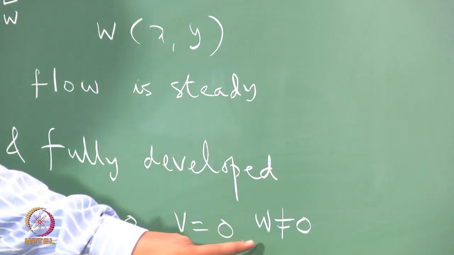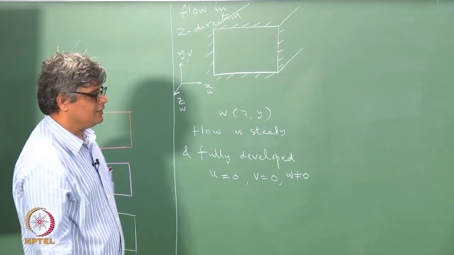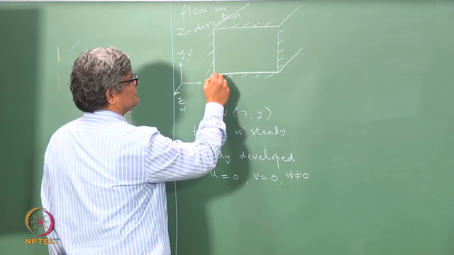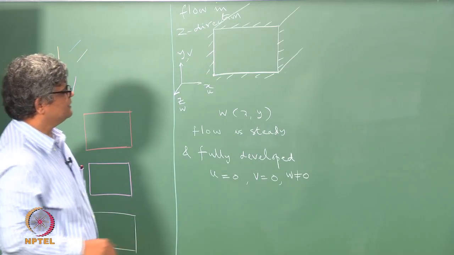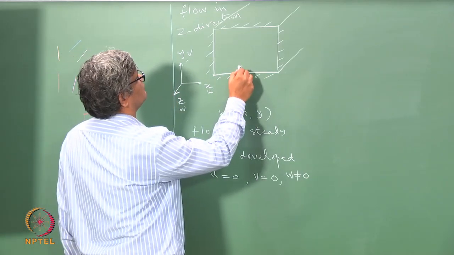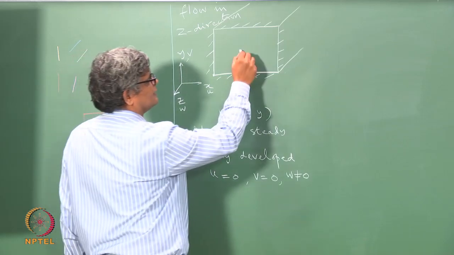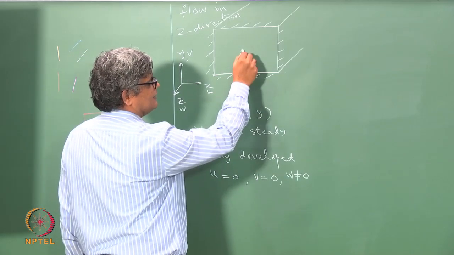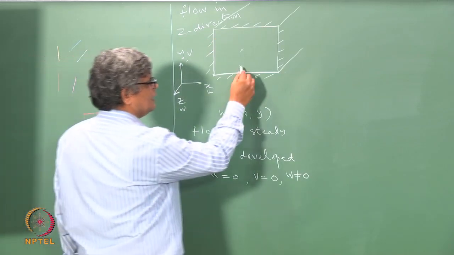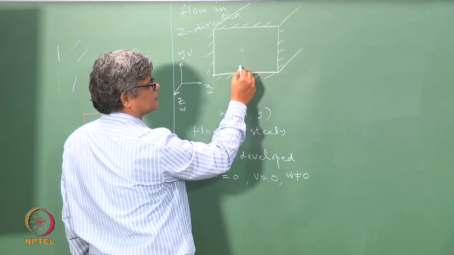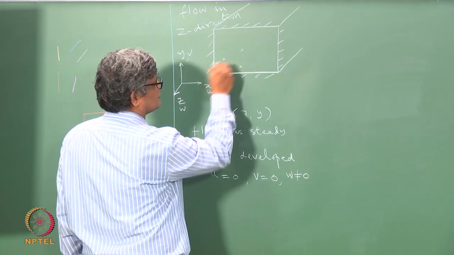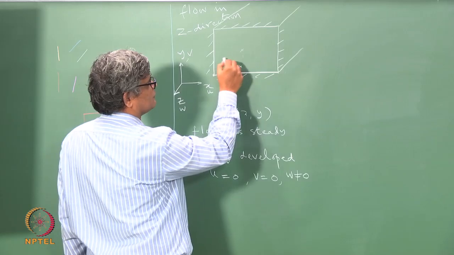Okay. But the w component is a function of x and y, where x is the distance from this is the origin and y is the distance from here. And we can see that for a point which is, for example, located here, it is close to this wall, far away from this wall, and something which is located at the center is sufficiently far away from here, so that the velocity at the center would be expected to be different from the velocity here, and the velocity here is expected to be different from here and here.